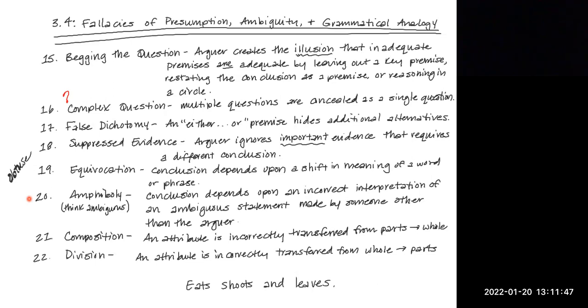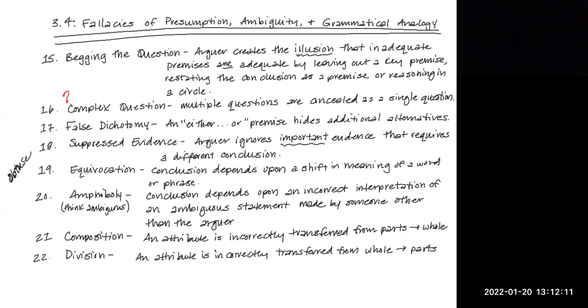Okay. And then the last two relate to one another: composition and division. The fallacy of composition occurs when an attribute or quality of something is wrongly transferred from the parts to the whole. It's when you say the parts are this way, therefore the whole must be this way.